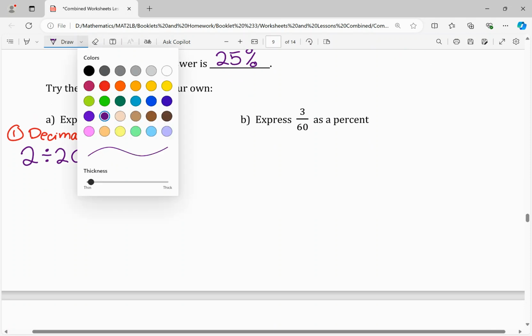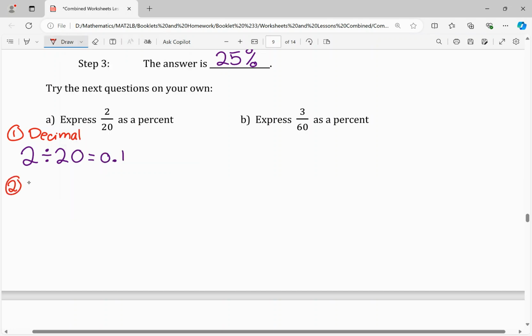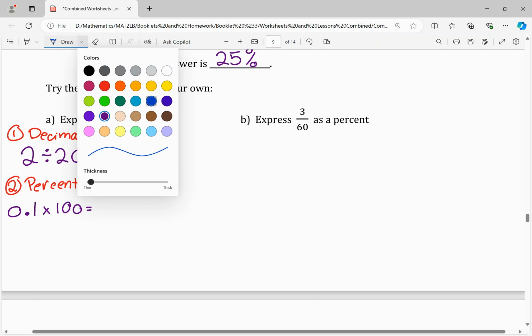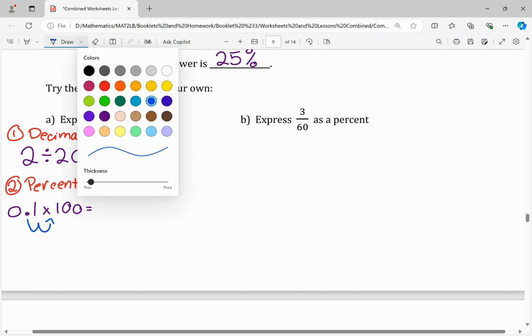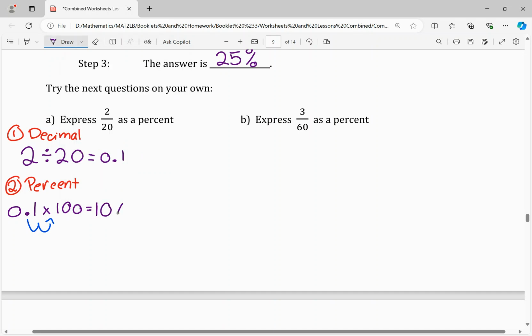Great. Step 2 is to write as a percent. And in order to turn a decimal into a percent, we multiply by 100. Using a calculator or in your head by moving the decimal over 2 spaces, 0.1 times 100 is equal to 10%.